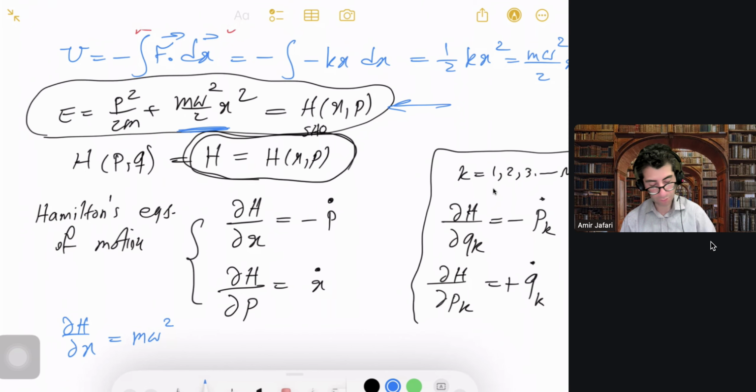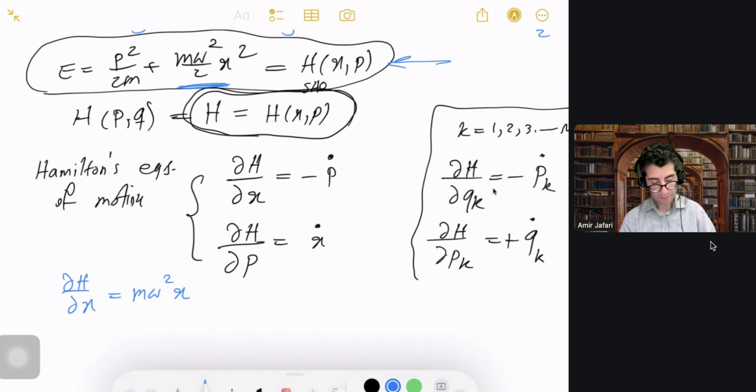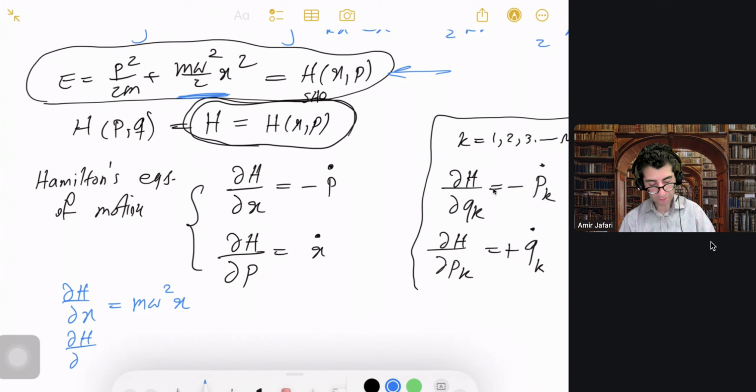So we're going to get m omega squared x from there, and dH over dp is going to come from the kinetic part, which is basically p over 2m.